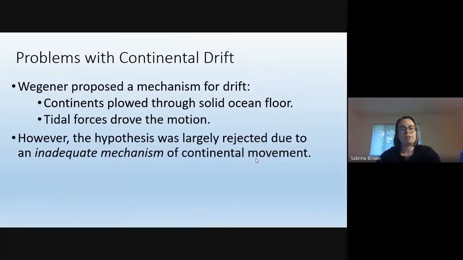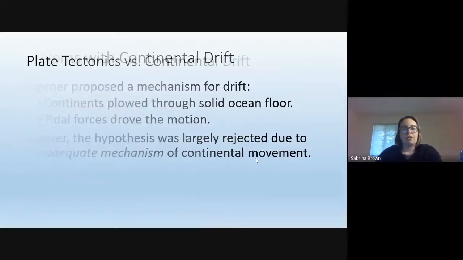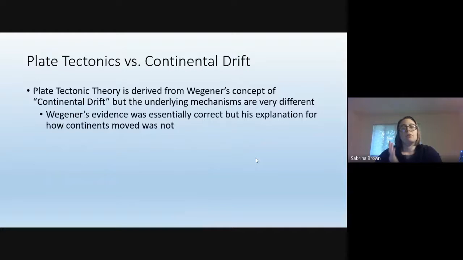But scientists didn't really accept that mechanism, and so his whole hypothesis was rejected because he was unable to explain how the continents were moving around. So even though he had some evidence for continent movement, he was not able to explain the mechanism. He couldn't explain why it was happening, and so at the time, this hypothesis was largely rejected. And so that was in the early 1900s.